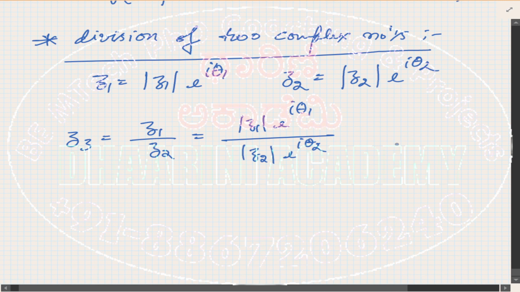By definition, the magnitudes are real values, so you can divide. This is equal to magnitude z1 by magnitude z2 into e to the power i theta 1, and the denominator goes to the numerator as a negative, so this is minus i theta 2.